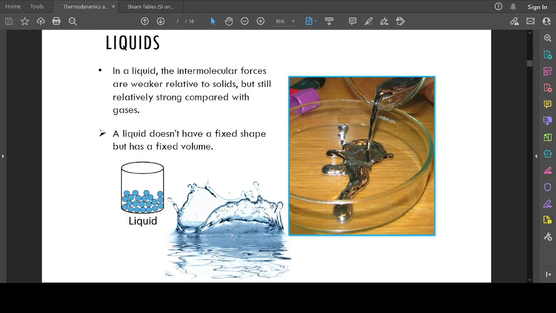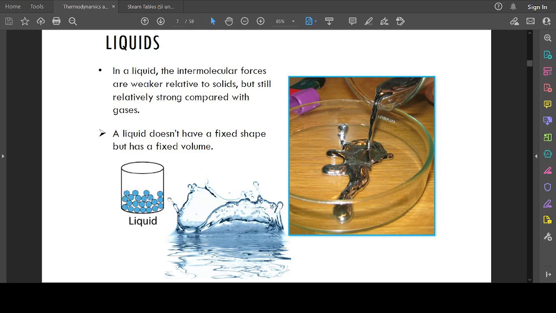So the properties of the liquid, as we know it, is that the liquid, although it doesn't have a fixed shape, has a fixed volume. Why so? If you put a liquid in a cup, as you can see in this diagram, although the intermolecular forces holding the atoms of this liquid are weaker than that of a solid, they are still strong enough that the atoms are held together within a particular area.